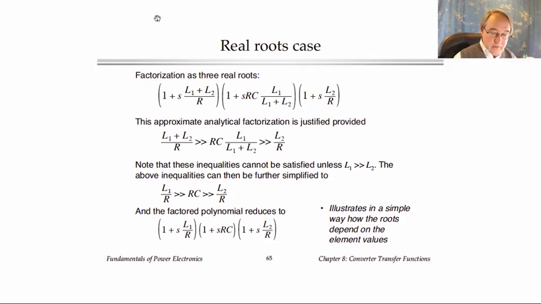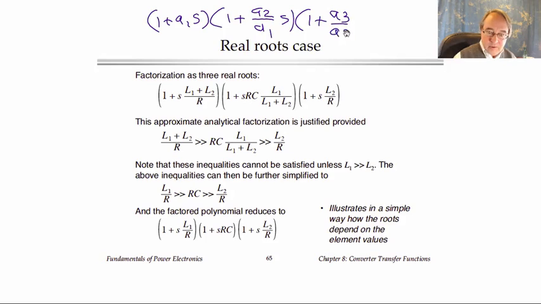We said it would be 1 plus a1 s times 1 plus a2 over a1 s times 1 plus a3 over a2 s. This is the a1. This right here is a2 over a1, and this is a3 over a2.